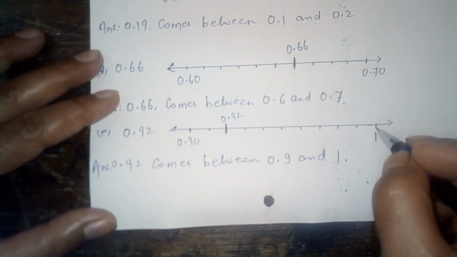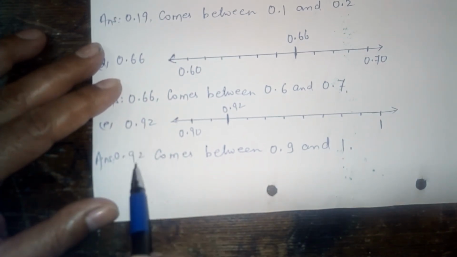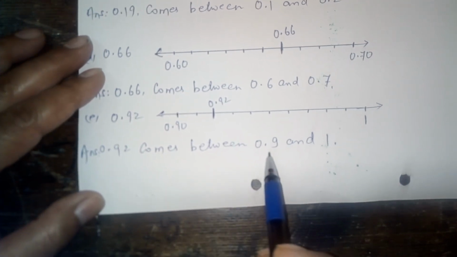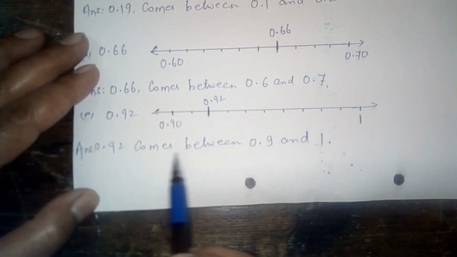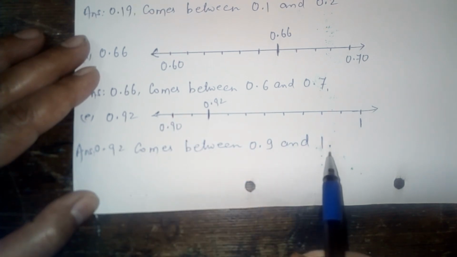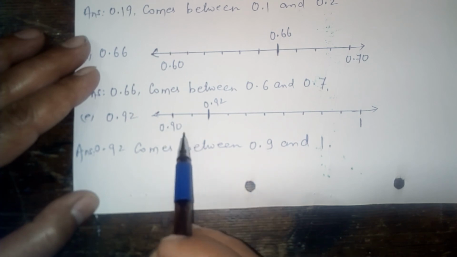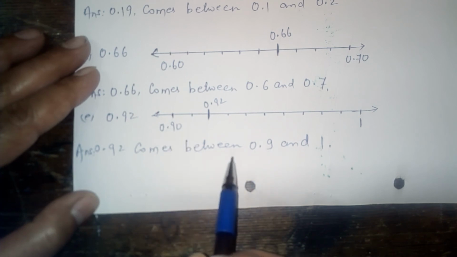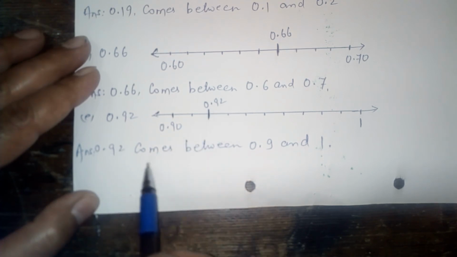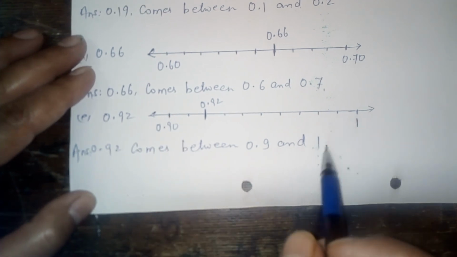So 0.92 comes between 0.9 and 1. My dear student, 0.9 or 0.90 both are the same, there are no changes.